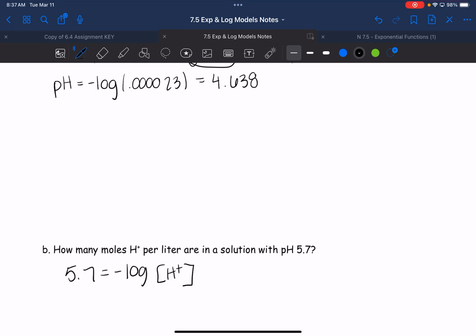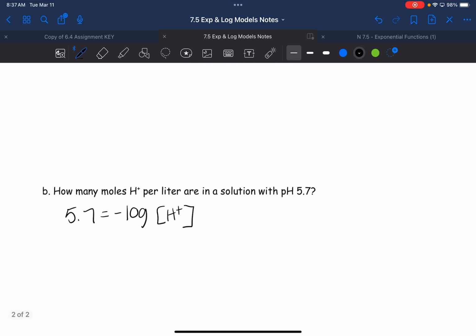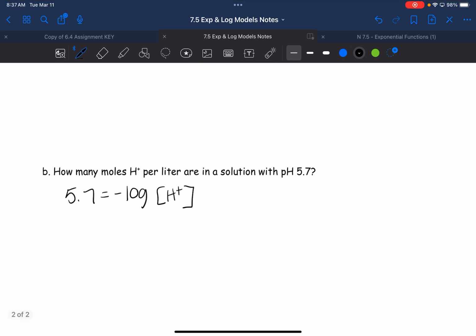Okay, so now I do want to rewrite it as an exponential. Remember, having this negative in front is like having a -1. So I could divide both sides by -1 to get rid of the negative, right? So then I just have negative 5.7 equals the log.